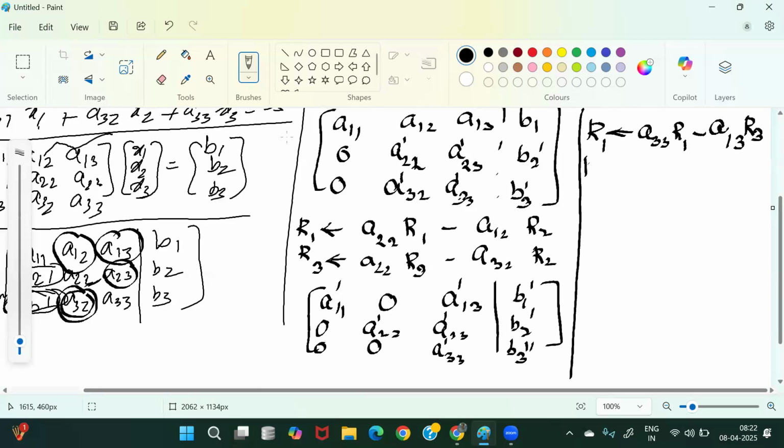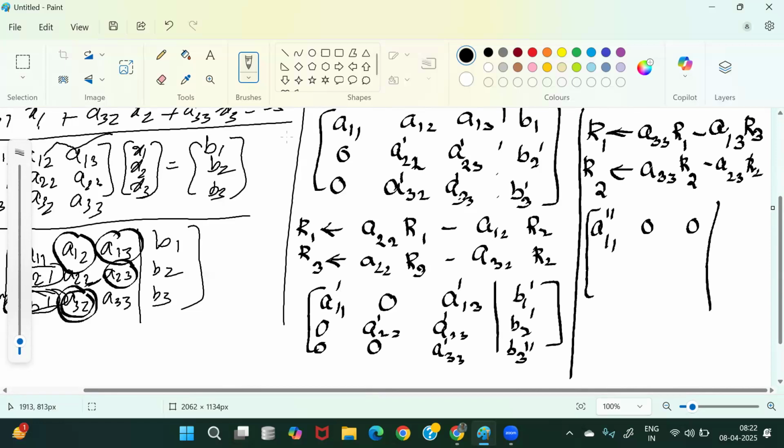Next is A33 into R2 minus A23 into R3. The net result: A11 double dash 0 0 B1 double dash.